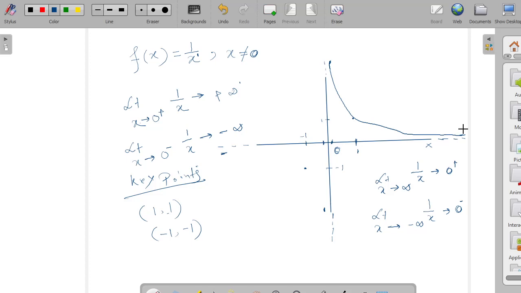Okay, it will approach towards the x-axis, but it will not touch the x-axis. Okay, let me rub this and draw it again.